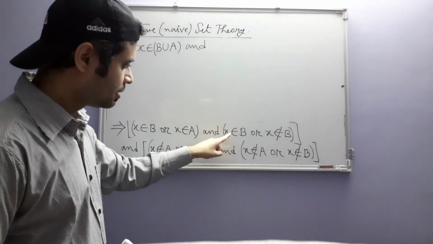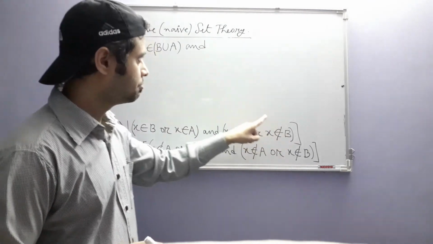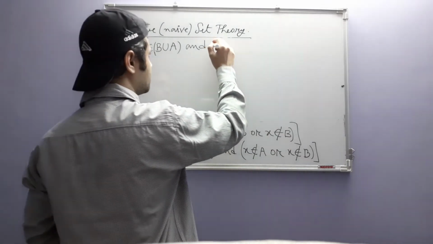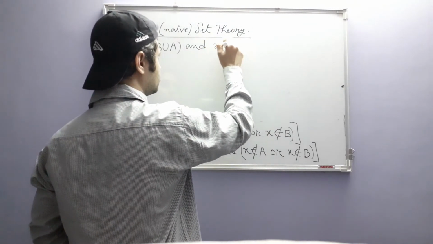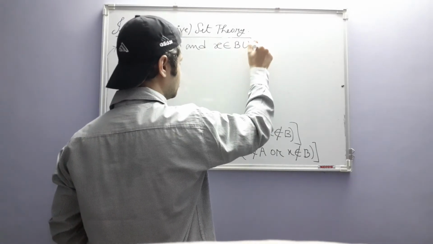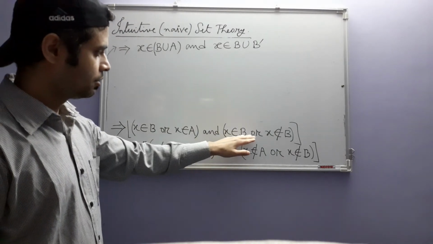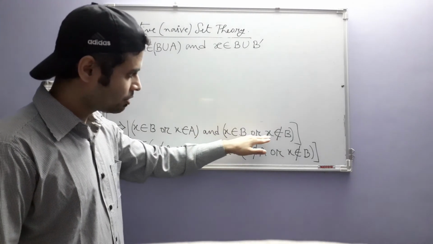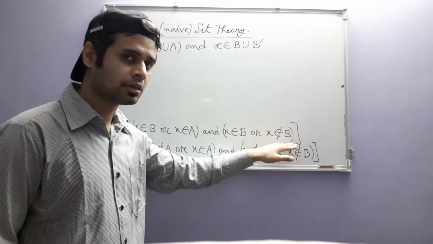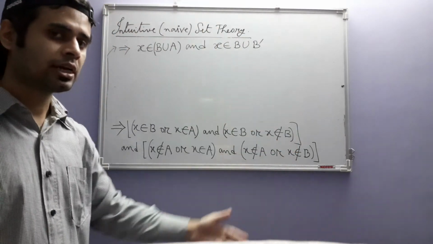So X belongs to B or X does not belong to B means X belongs to B union B complement. That is, X belongs to the complement of B with respect to that universal set.